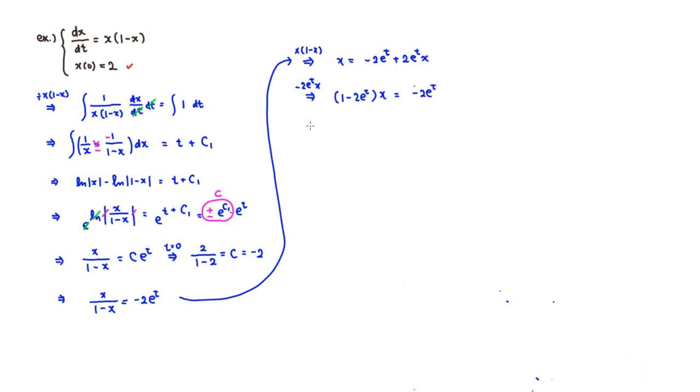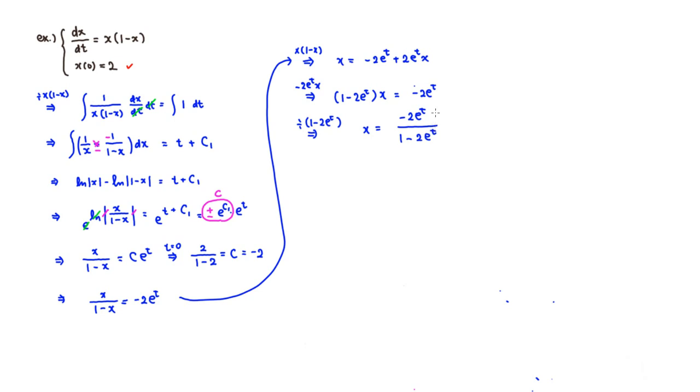Then we divide through by the quantity 1 − 2 e to the t. So we get x is equal to negative 2 e to the t over 1 − 2 e to the t.